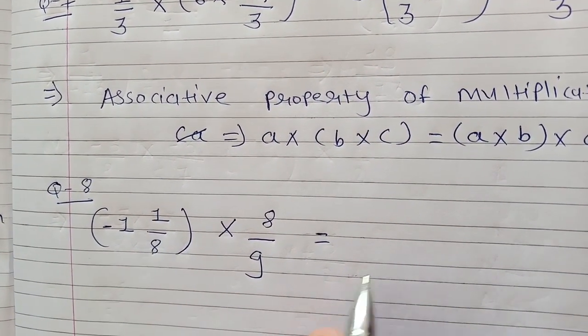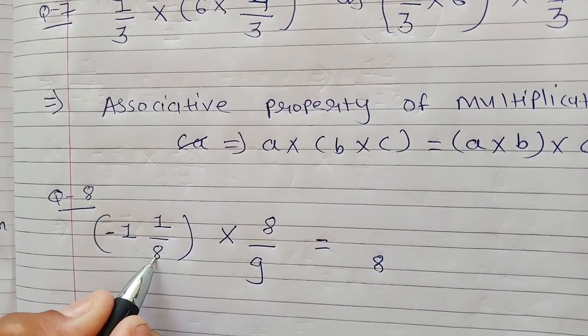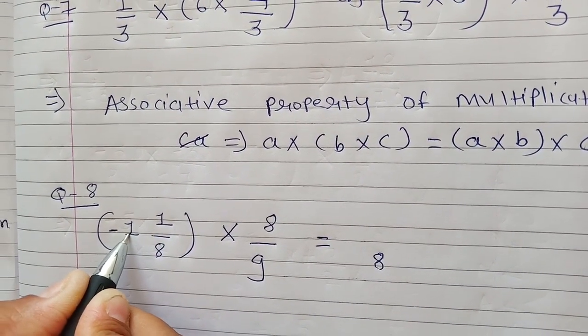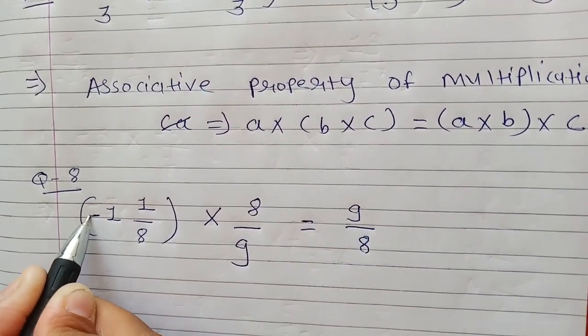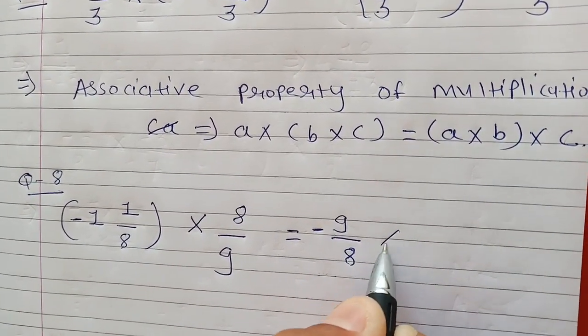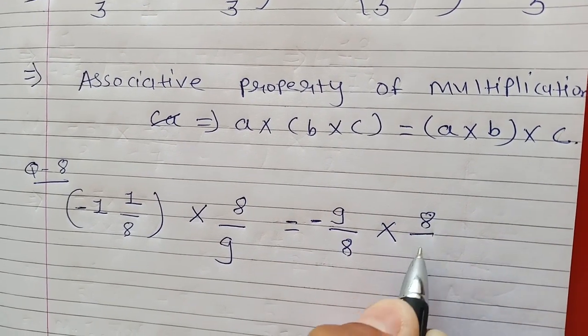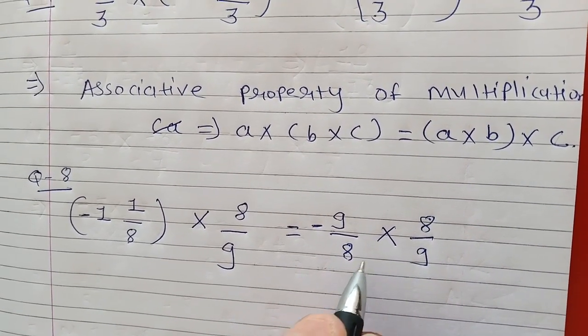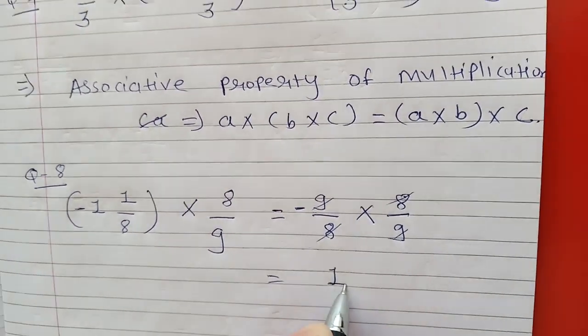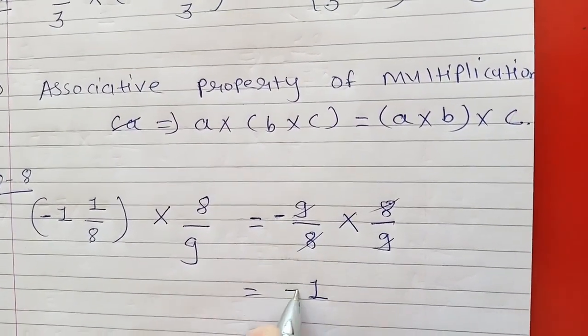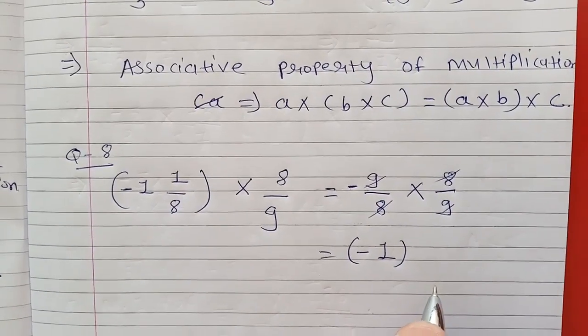Here 8 in the denominator is the same. 8 times 1 is 8, plus 1, so 9 in the numerator, with the minus sign as it is, multiplied by 8 upon 9 as it is. Now 8 and 8 cancel, 9 and 9 cancel. So 1 remains, but with the minus sign, so minus 1 remains.